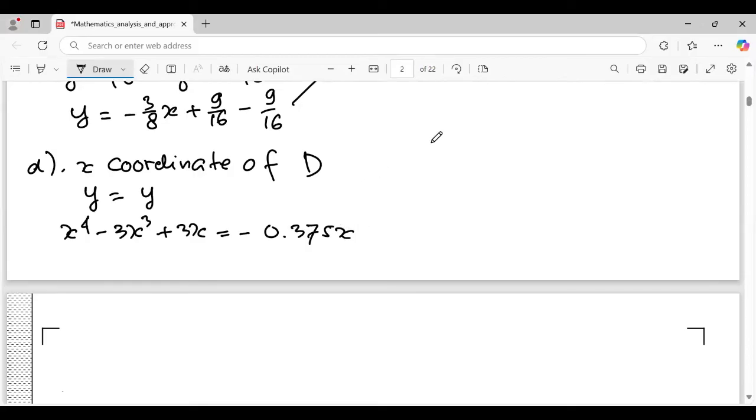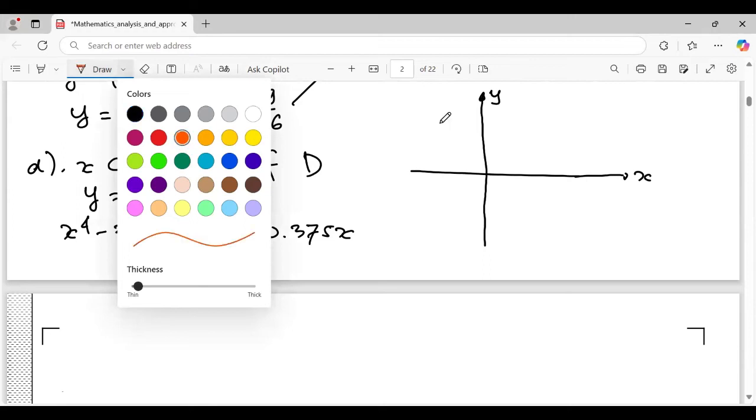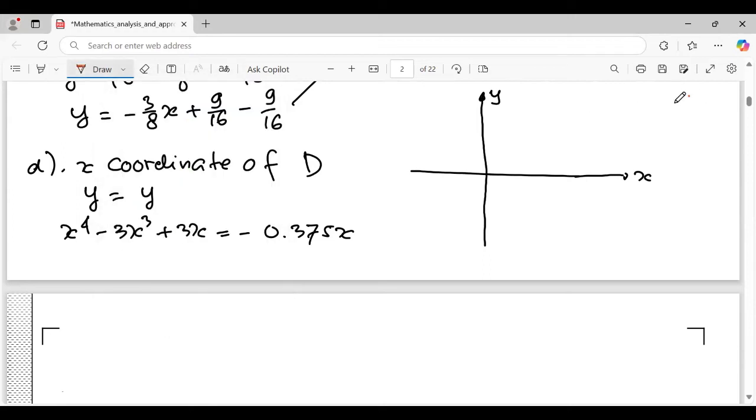I have sketched it on my calculator and got the coordinate point, and the graph looks like this.